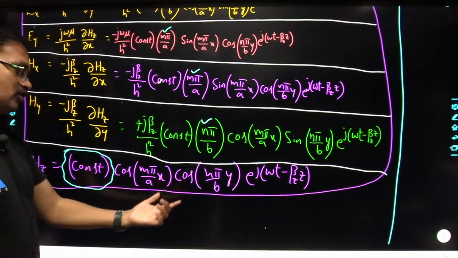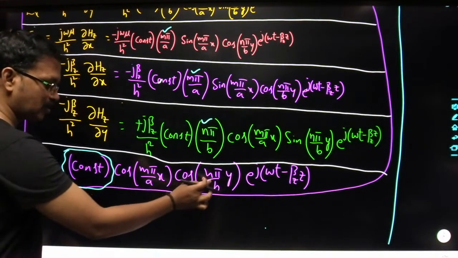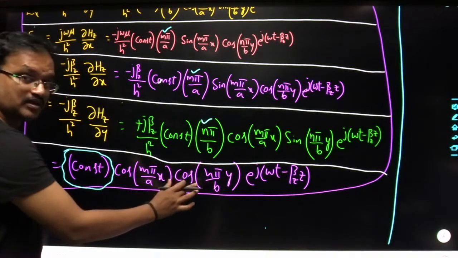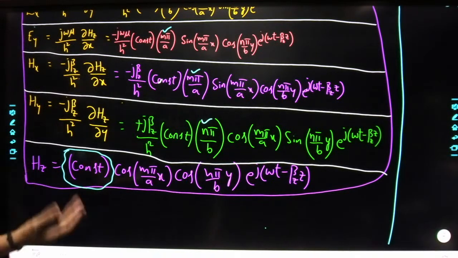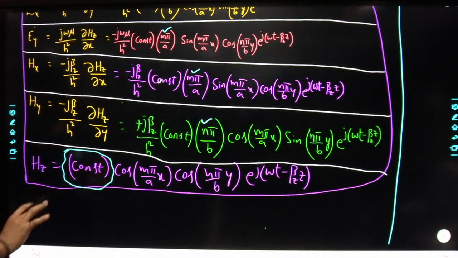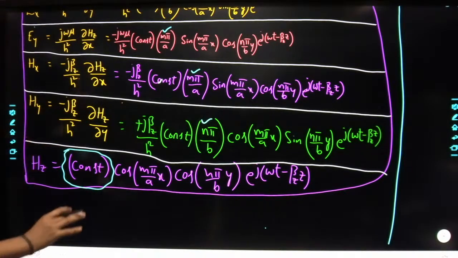But mathematically, if you put m equal to 0, n equal to 0, this function is not becoming 0, but here you are having a constant term. This constant term may depend upon m and n values. Since we have not derived that, we don't know, but we can guess that it may also depend upon m and n values. Why?